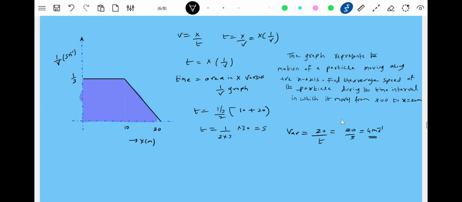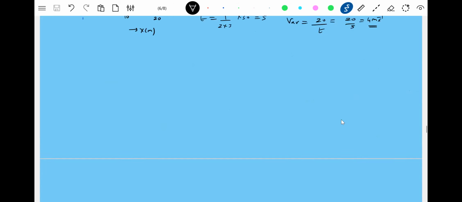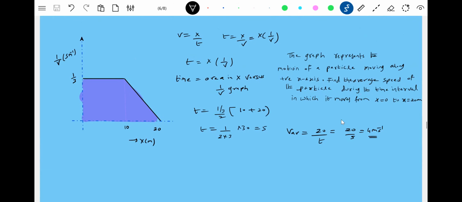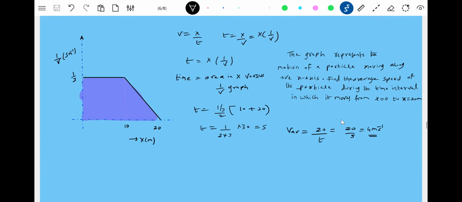Like this, we define the average velocity. So several types of graphs you may encounter, and you are supposed to use this method. I think these are some different varieties of graphs that I picked up for today's class.